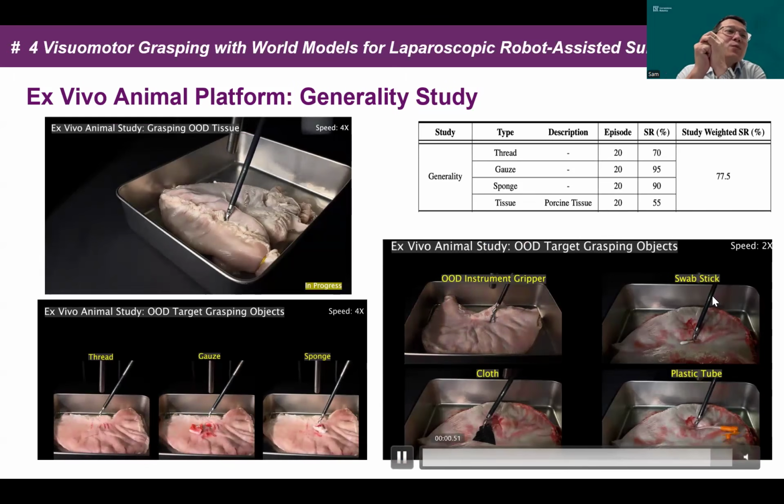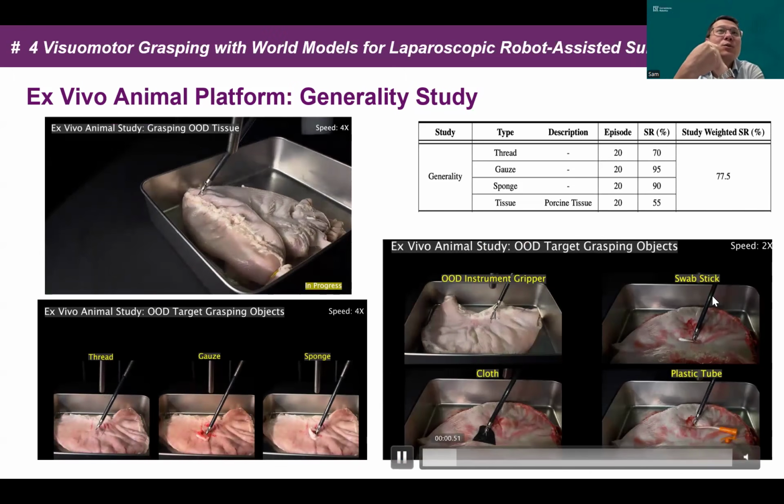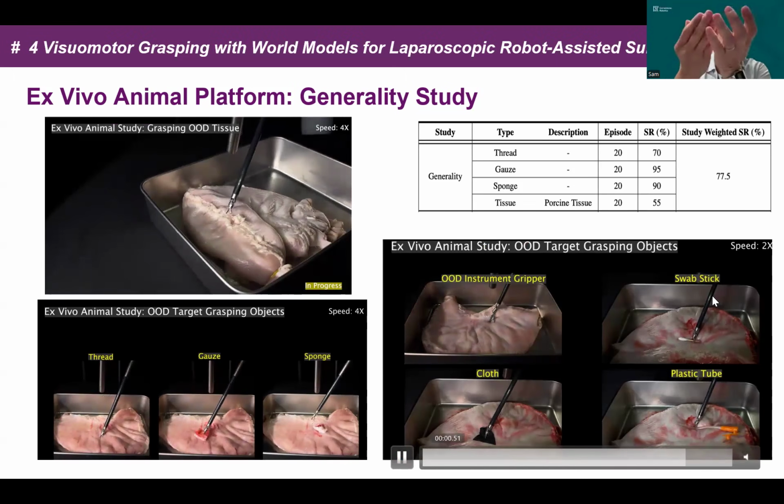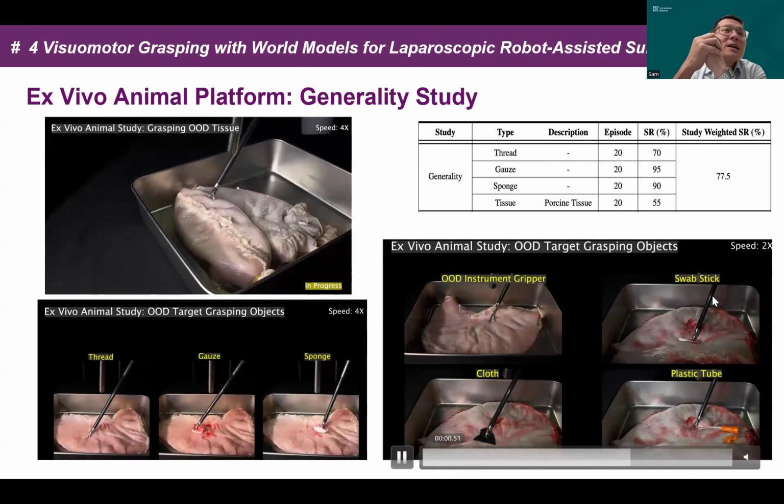But if we add an additional requirement, like don't touch any tissue at all, can we add a boundary, like a hard constraint in optimization? How can you add the constraint? And the second question: if we add more constraints, do you think the success rate will drop significantly?